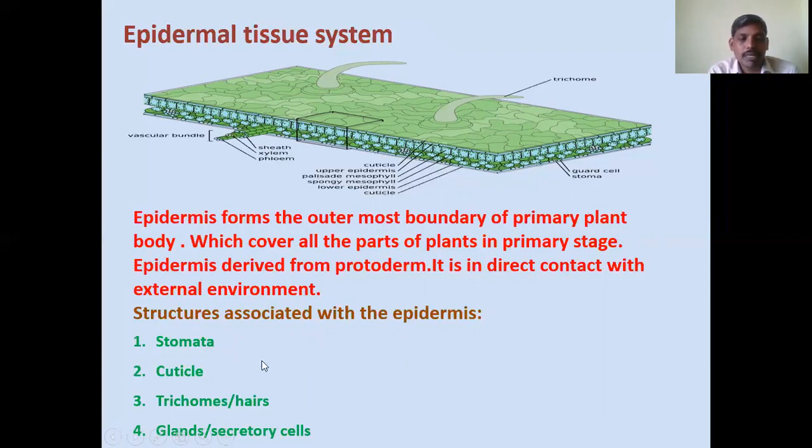The epidermal cells are covered by a layer of cuticle. These epidermal cells produce some external appendages known as trichomes or hairs, and a few epidermal cells act as glands or secretory cells. So these are the structures associated with the epidermis and perform various functions.